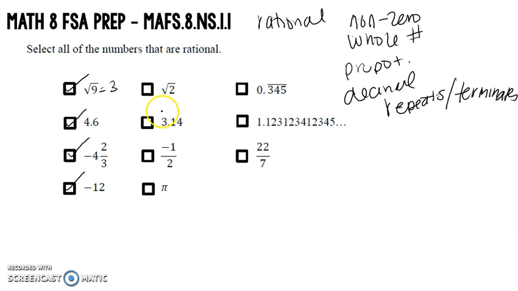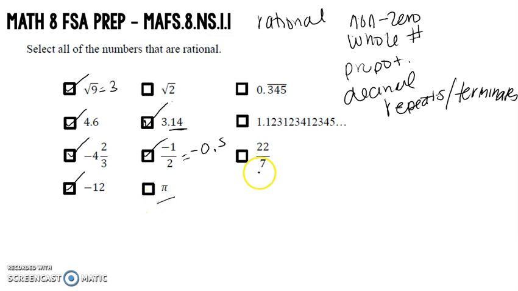The square root of 2, if you were to plug the square root of 2 in, you would get a non-repeating, non-terminating decimal. So that is not rational. 3.14 terminates, so that's rational. Negative half is equivalent to negative 0.5, so that's rational.